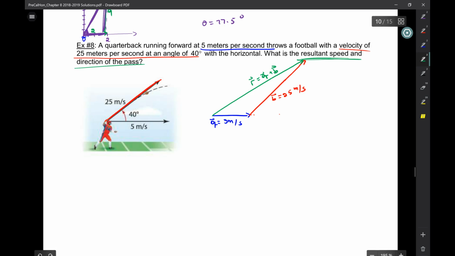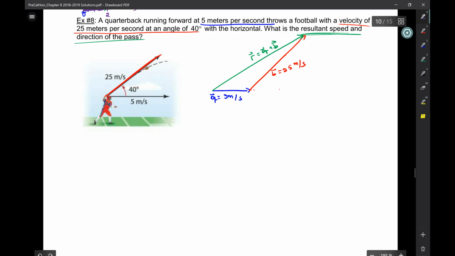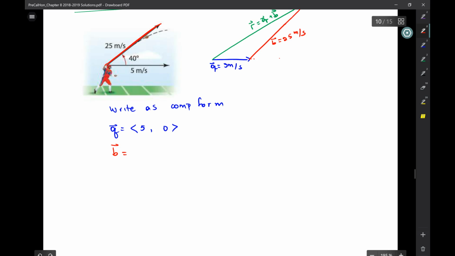Now I need to know the resultant speed and the direction. In order to add these, I need to write them in component form. So what's Q in component form? 5 and 0. What's B in component form? It would be 25 cosine 40, 25 sine 40. Unless it's purely horizontal or vertical, you've got to write it in component form.